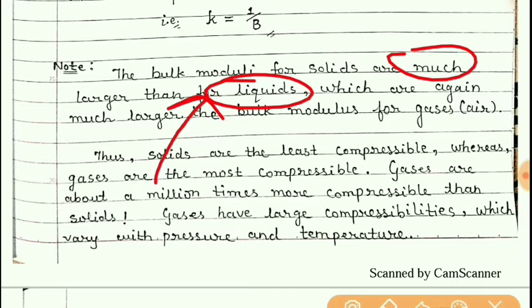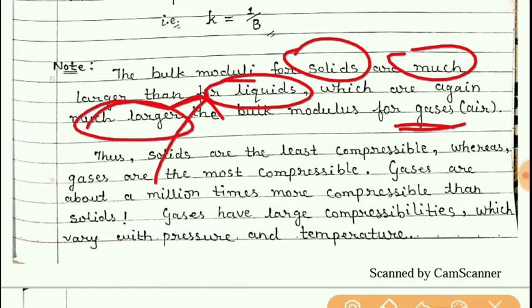If we apply pressure on liquids, then their volume changes very little, which is negligible. But if we apply pressure on solids, their volume will decrease considerably. But for gases, if pressure is applied, then the volume changes by a large amount. That means gases are highly compressible.